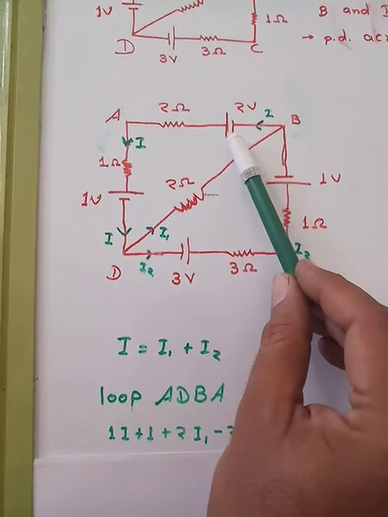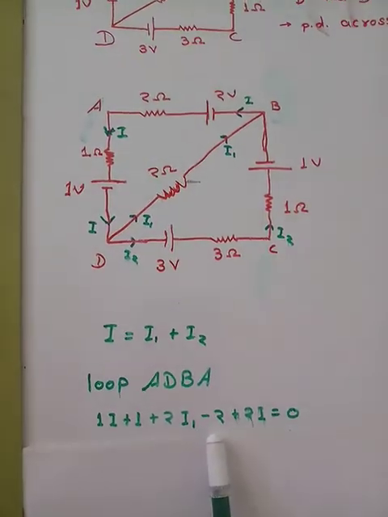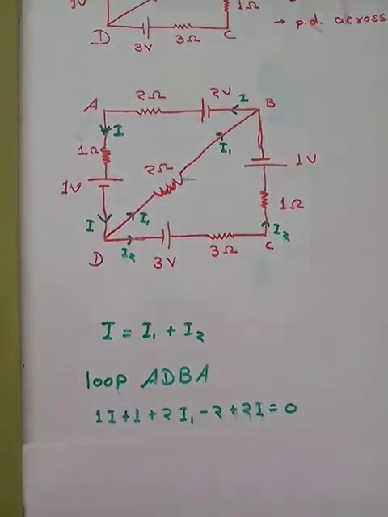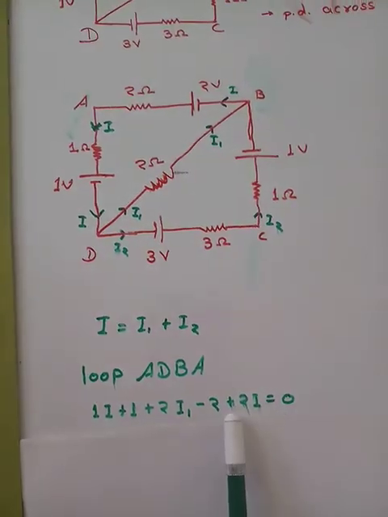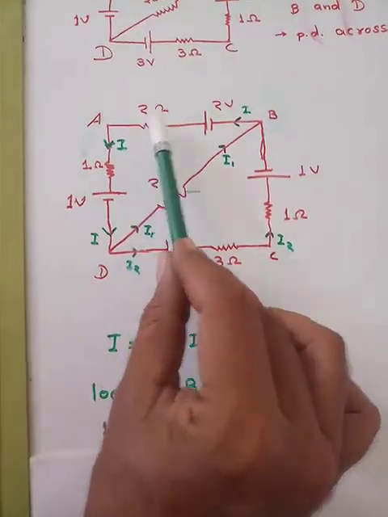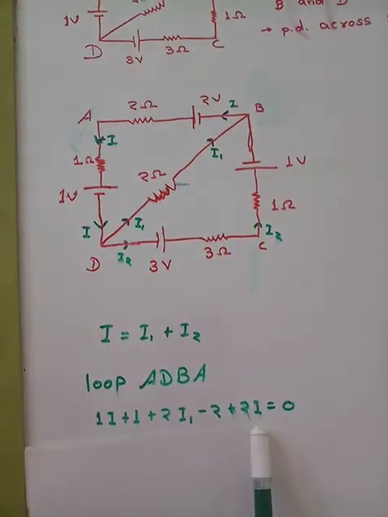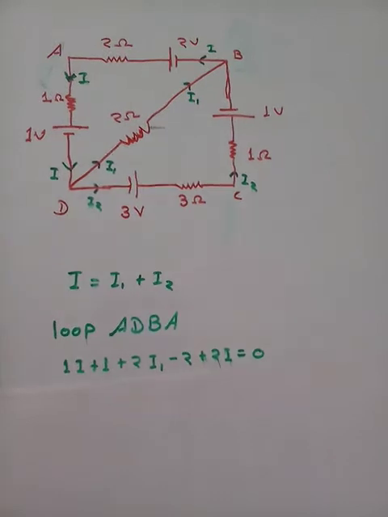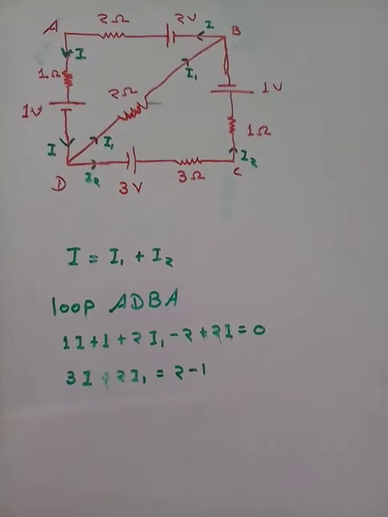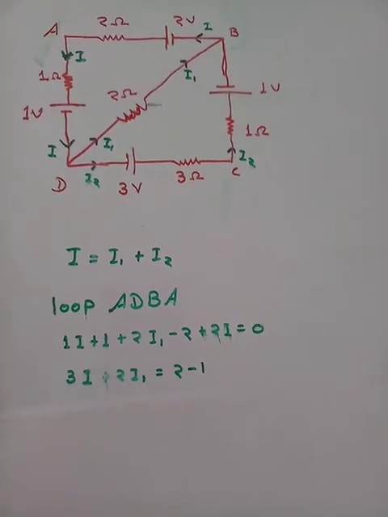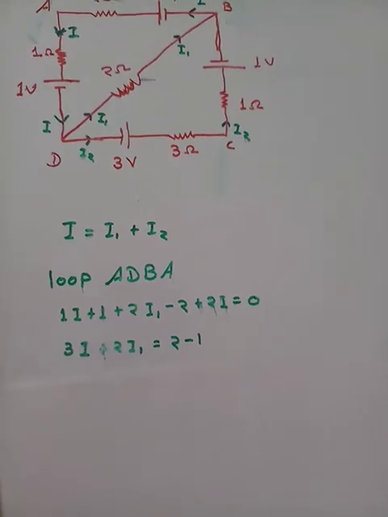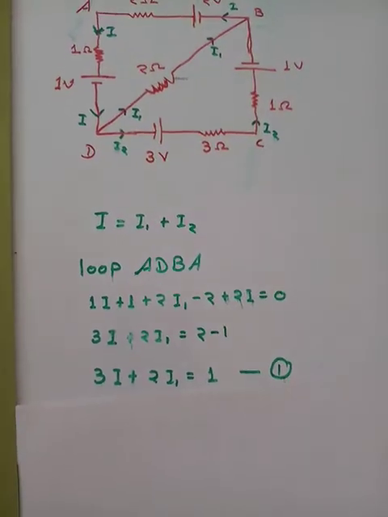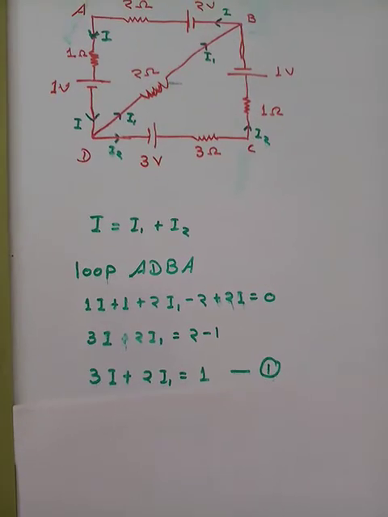Because I am touching the negative terminal, it will be minus 2. Again, because I am going along the direction of current, it will be taken as plus, resistance is 2 and the current flowing is I. Now solving this equation, 1I plus 2I becomes 3I plus 2I1, and this is the final equation: 3I plus 2I1 equals 1.